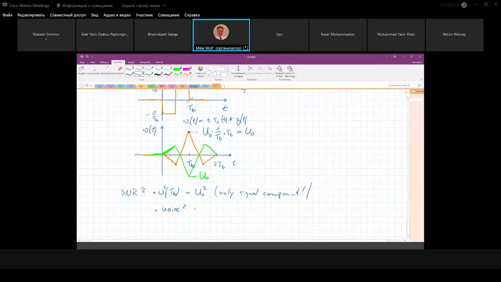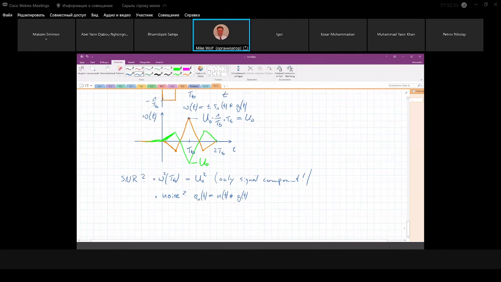Let's say we denote this noise as N1, and we know this N1 of t is just N of t, our noise, filtered with g1, and this would be the filtered noise component. How can we obtain the power? The noise power spectral density is N naught by 2.